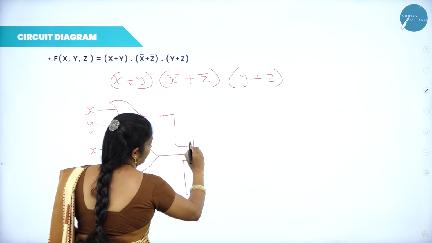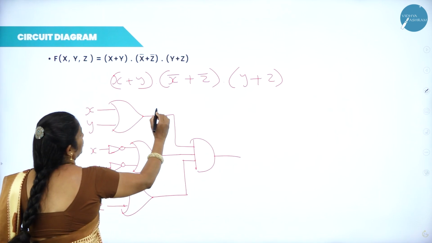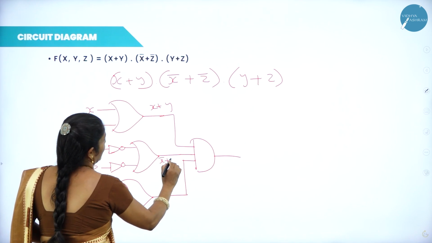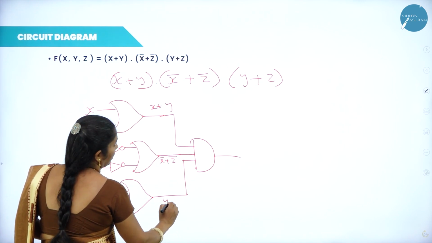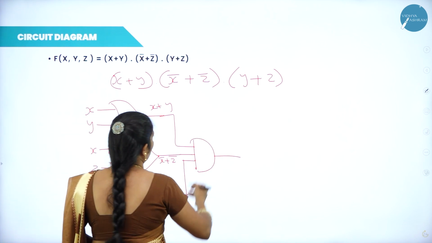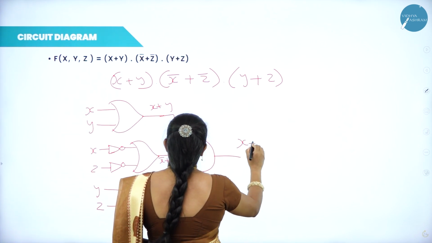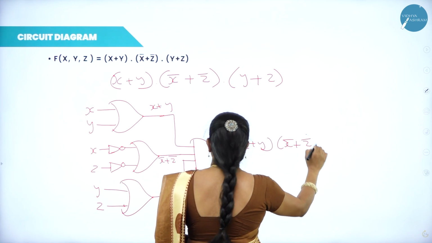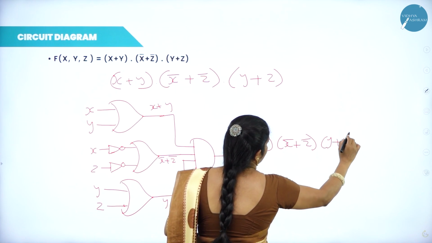Dot operator means here D shape. See, what is the output here? X + Y. Here X̄ + Z̄. Here Y + Z. These are the outputs. When it is passed from this circuit, then what is the output here? (X + Y)(X̄ + Z̄)(Y + Z).